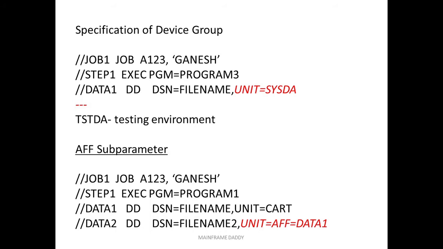If we want to make use of this unit for the next step also, then DATA2 DD, DSN equal to file name 2, we can code UNIT equal to AFF equal to DATA1, which means the same unit CART will be referred to in this step. So file name 2 will be written to or read from that unit CART. So affinity is a refer-back mechanism to refer to the previous step.